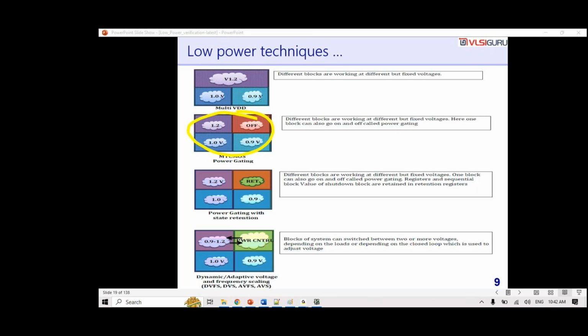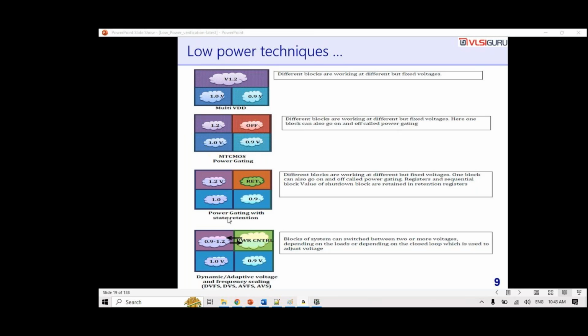That switch should be very efficient. The switch itself should not have any leakage. In my house there is one option I am using to turn the lights on and off, right? That switch itself should not have any leakage. That performance comes when I use a high threshold voltage switch. But where I need performance, I'll go with low threshold voltage switches. That is why we are using the term MTCMOS power gating.